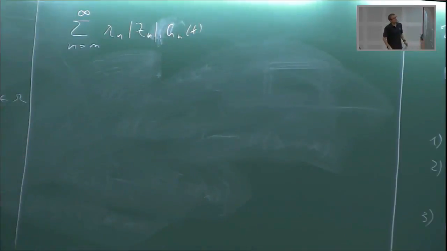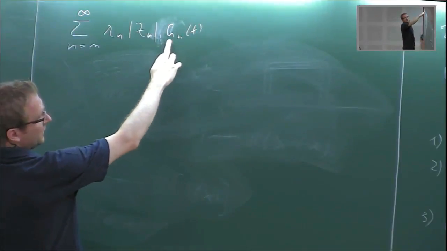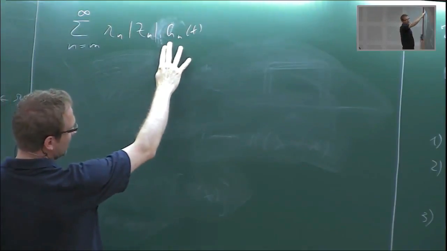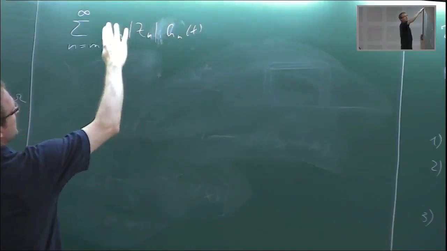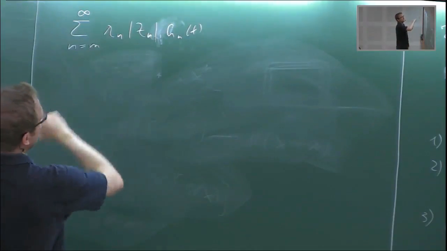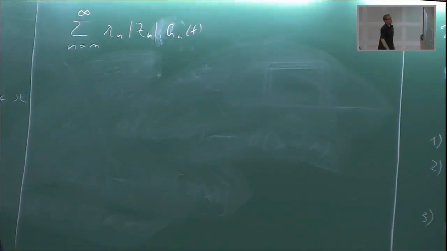So these functions have values between 0 and 1, they are non-negative, they are bounded by 1. And this is the modulus of a standard normal distribution, and luckily enough, it's bounded by this, almost surely. And this is something which we already know.